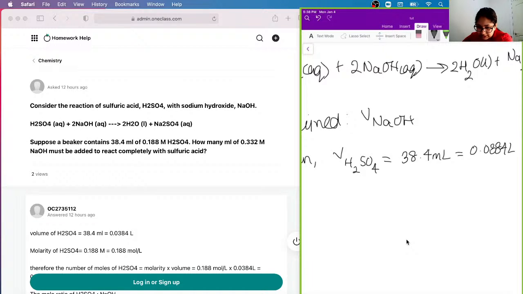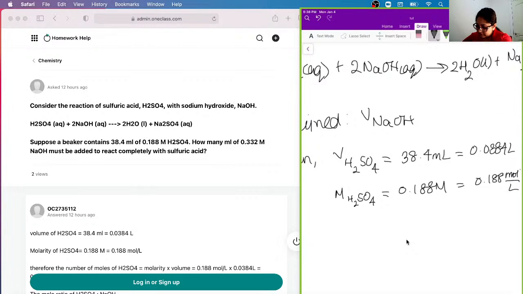And then the molarity of H2SO4 is given as 0.188 molar, or you can say 0.188 moles per liter.